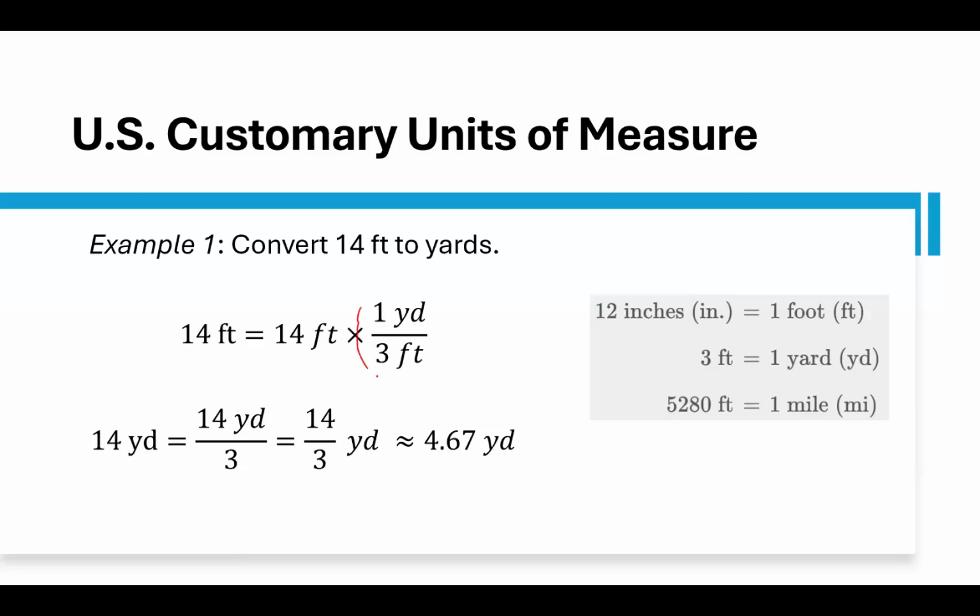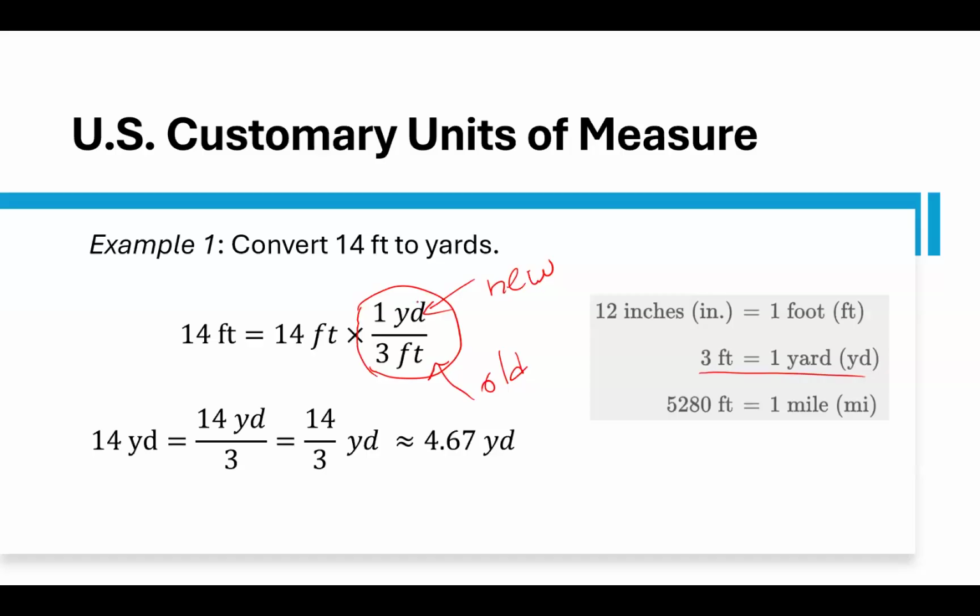In the fraction method, you create a fraction, and on the top, you put the new units, the units that you want to have, so the units needed in the question. I want to convert to yards, so those are my new units. And on the bottom, I like to put the old units.